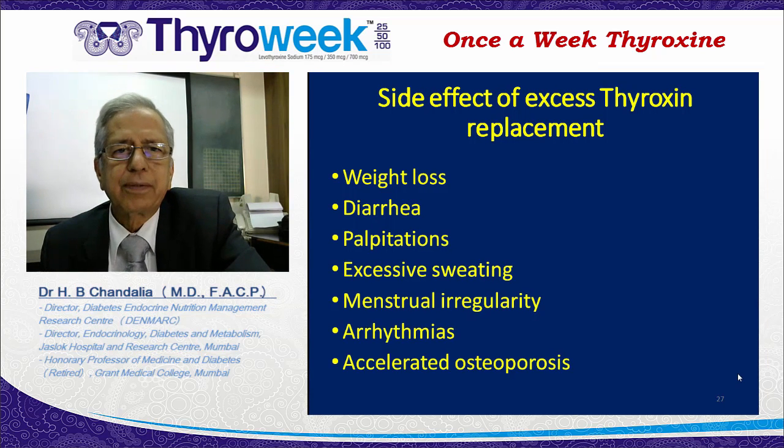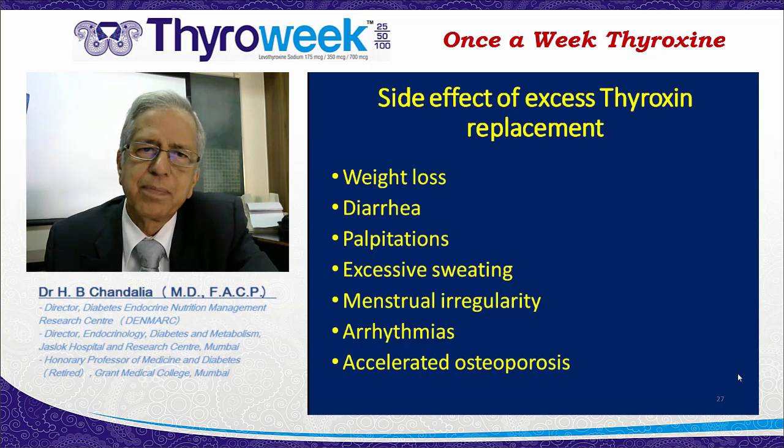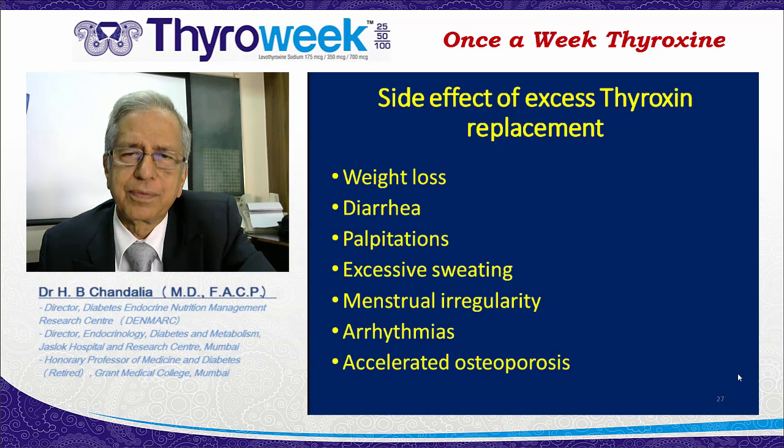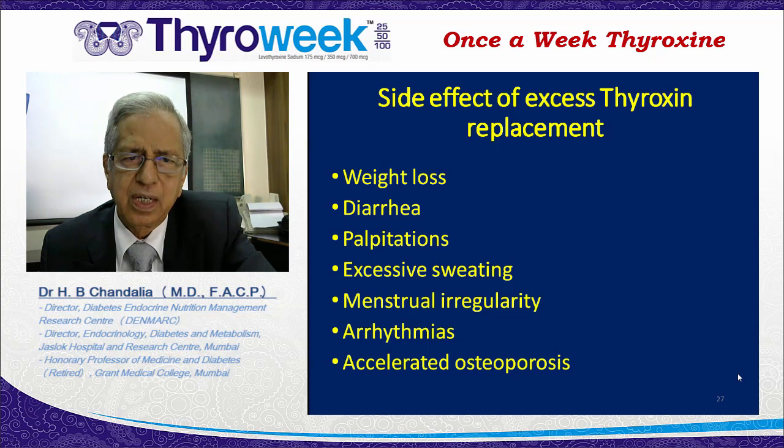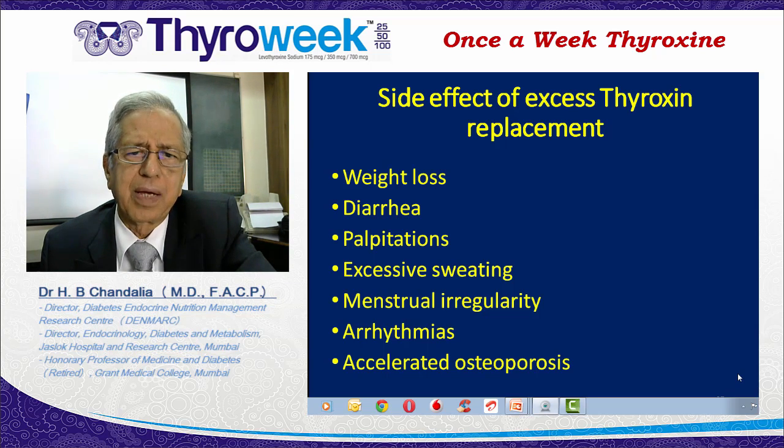In case you have undertaken excessive replacement with thyroxine, what kind of symptoms is a patient likely to experience? Of course, there will be weight loss, sometimes diarrhea, and most importantly palpitations and excessive sweating, which are symptoms of hyperthyroidism. And remember that in elderly people, it may induce arrhythmias.